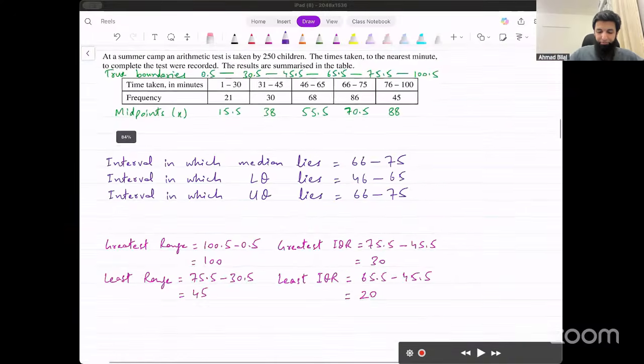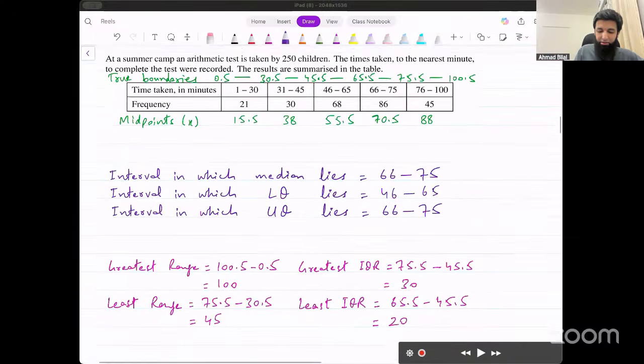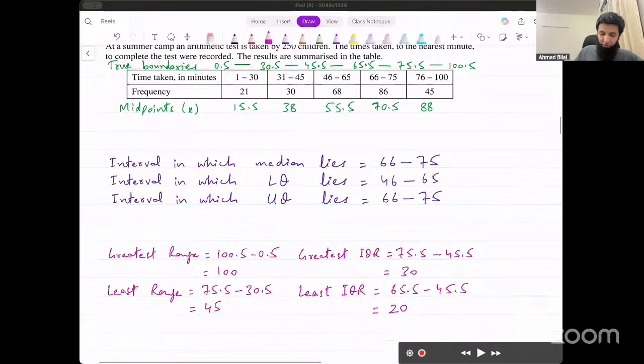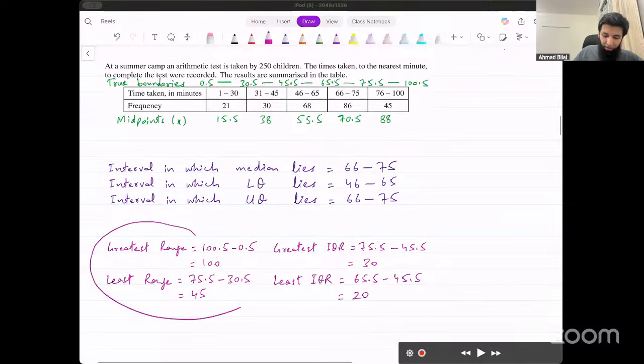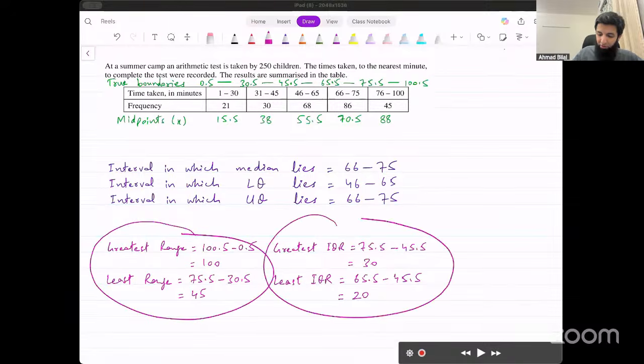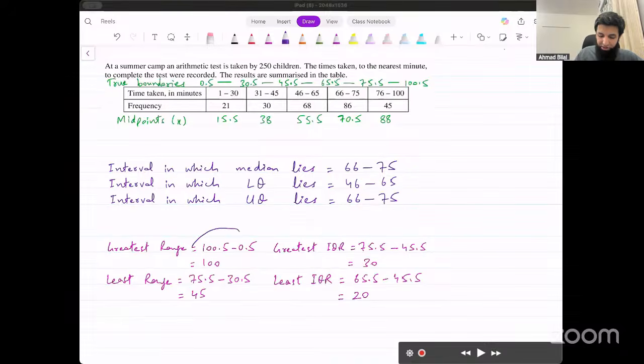Look at this data. We have time in this data. Time is a continuous variable. So when we find greatest or least interquartile range, we use adjusted values, after adjusting the intervals.